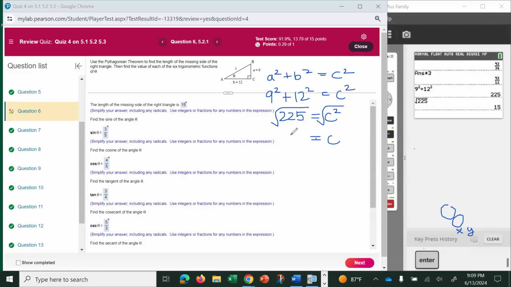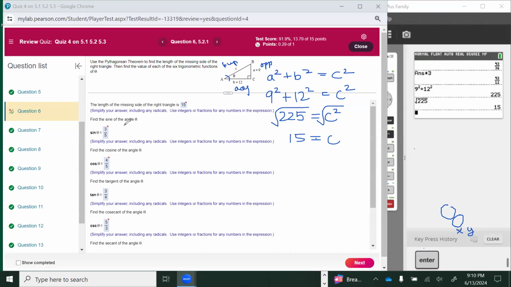So we have 15. And so C is the hypotenuse, A is the opposite side, B is the adjacent side. So if we go over, now we have the answer, so that helps. Sine is opposite over hypotenuse.